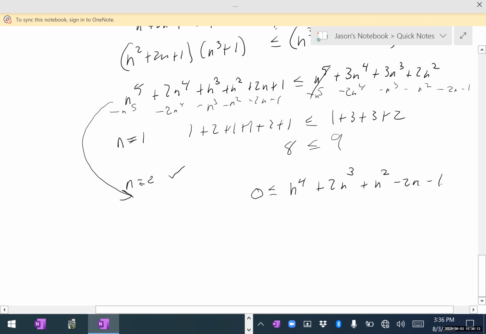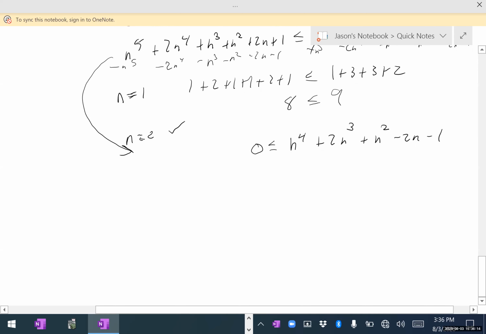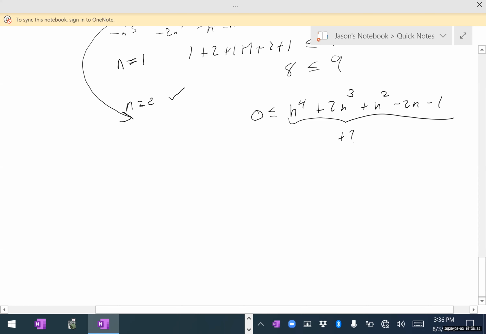Okay. So they're saying that this thing is positive. Huh. Well, is it positive? Is this always going to be positive? Is it always going to be greater than or equal to 0? Let's think about this for a second.